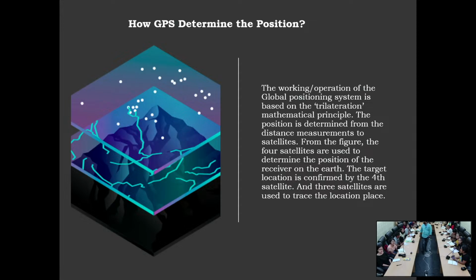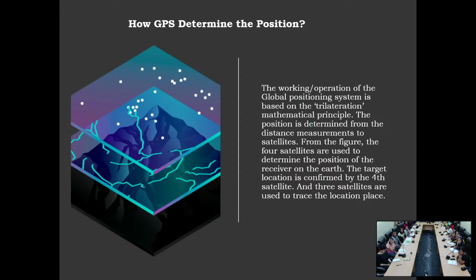The working operation of the Global Positioning System is based on the trilateration mathematical principle. The position is determined from the distance measurement to satellites.